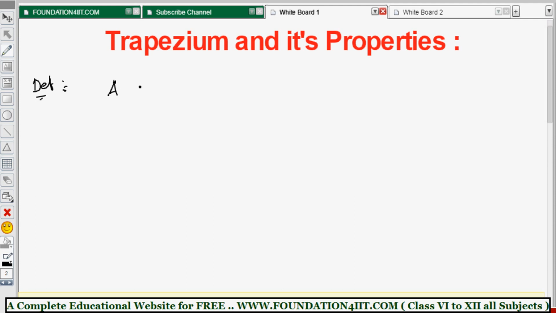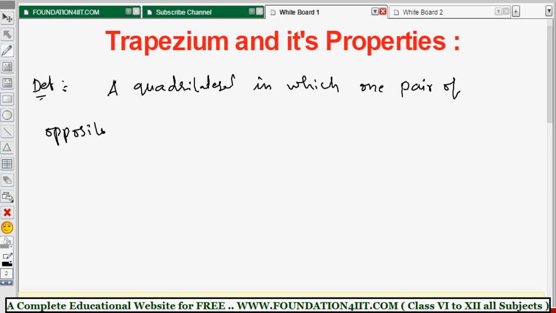Therefore, we can write like this: a quadrilateral in which one pair of opposite sides is parallel is called a trapezium. I will show you a diagram also.